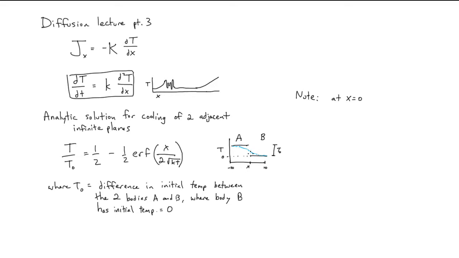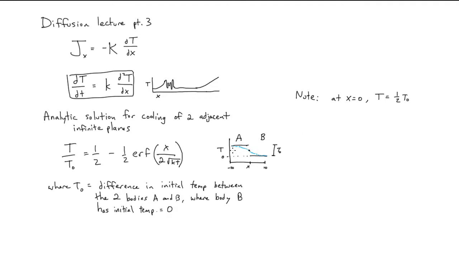So at 0, the contact, you can put a 0 in for the error function, you can see this in Excel, the error function of 0 is 0. The temperature is going to be 1/2 of T naught. So it's going to be right there, right in the middle. And this isn't time dependent, so it's going to sit there the whole time.